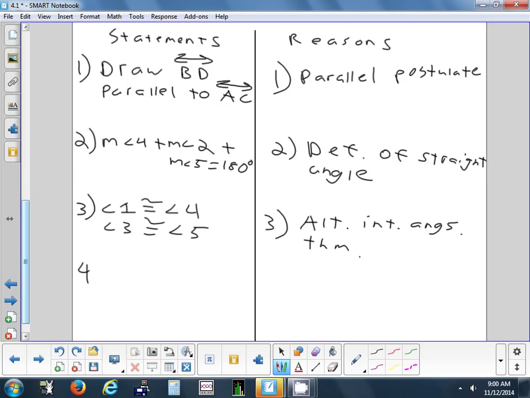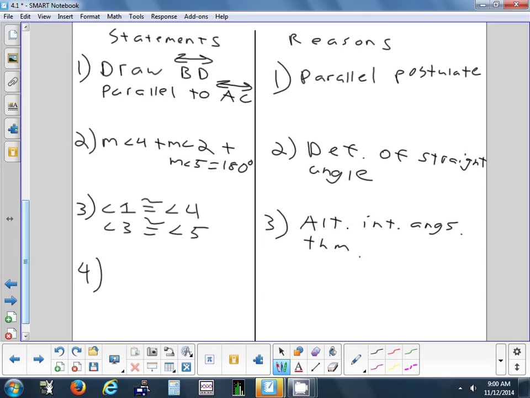Okay, so now the next part, if 1 and 4 are congruent, what does that tell you? If two angles are congruent, it means that what? It's kind of the standard statement that always comes after saying angles are congruent. It's the definition of what it means to be congruent.